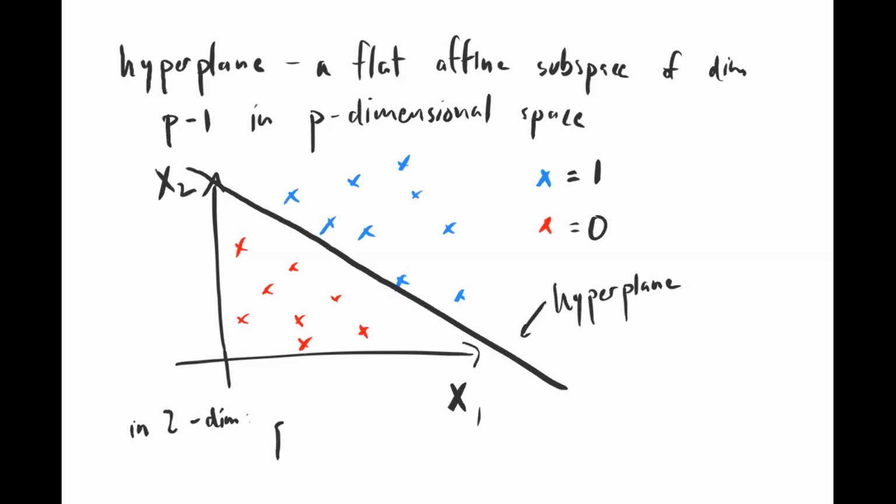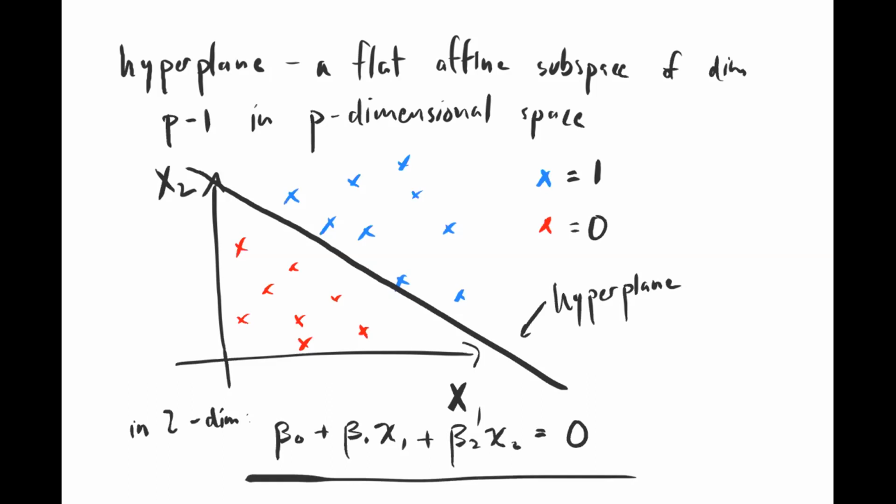It would be defined mathematically as follows. So this equation generically describes a hyperplane, which we can see is being used in this example to separate these 2 groups of points. Okay.